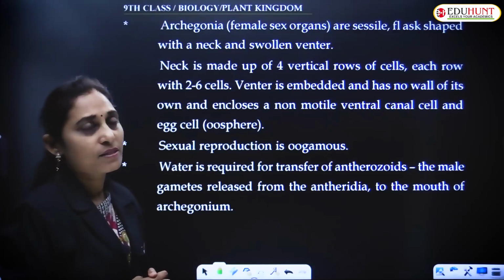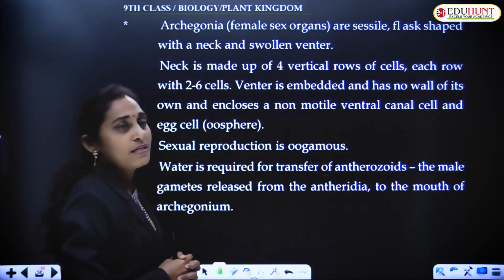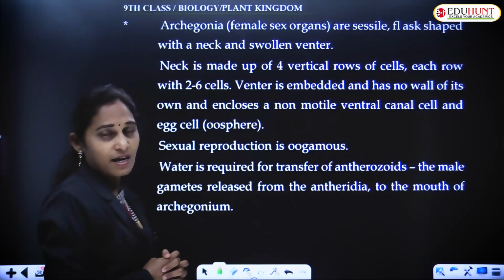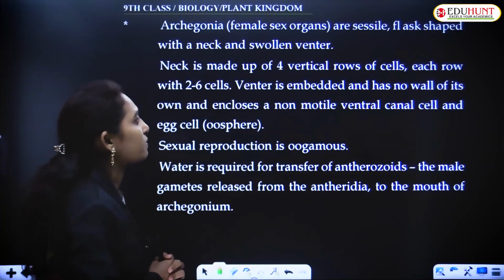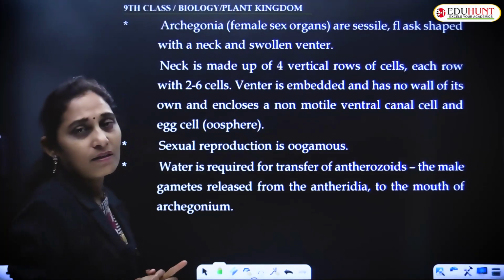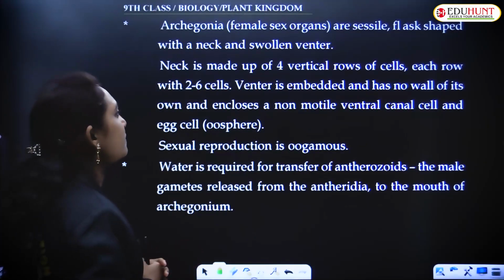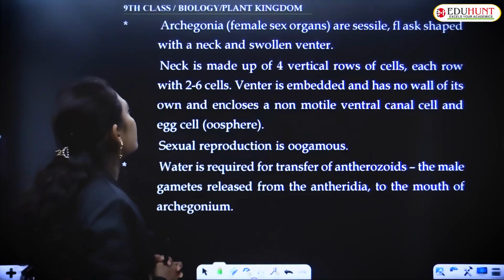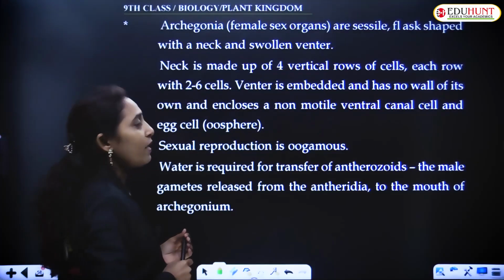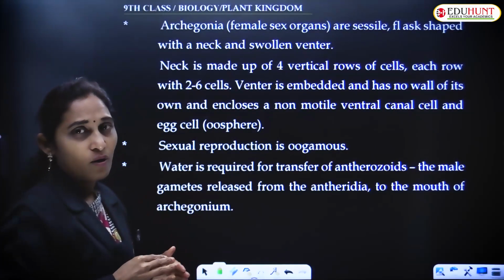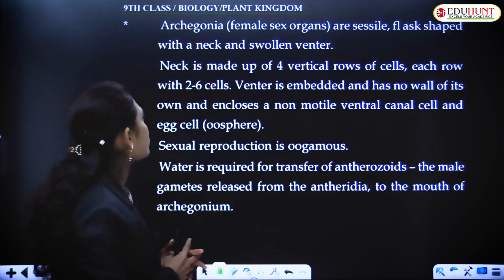Archegonia, which is a female sex organ, is sessile and flask shaped. Sessile means there is no stalk. They are slightly embedded in the tissue, with a neck and swollen venter. Neck is narrow and venter is broad and swollen.